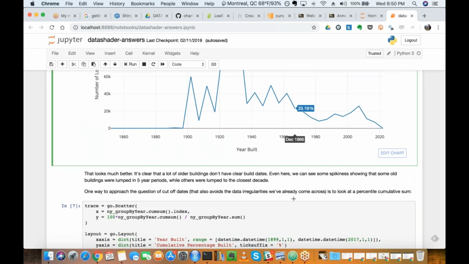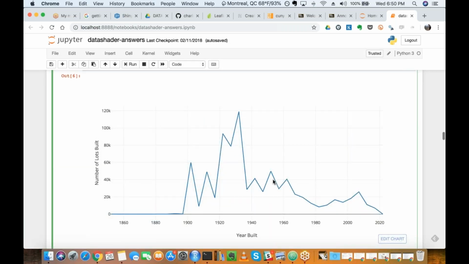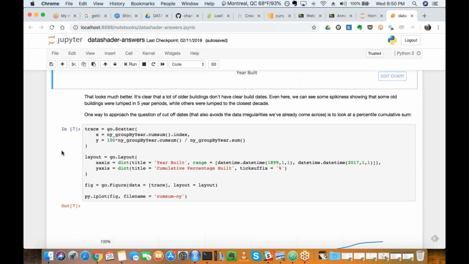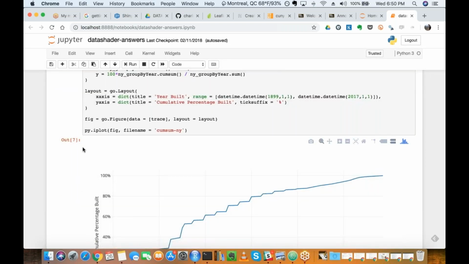So I'm doing that by time period, and that's how I ended up with my summary like this. One way of dealing with this sort of irregularity is aggregating it like this. Another way, where you wouldn't even have to aggregate that much, is by looking at what's called a cumulative graph.